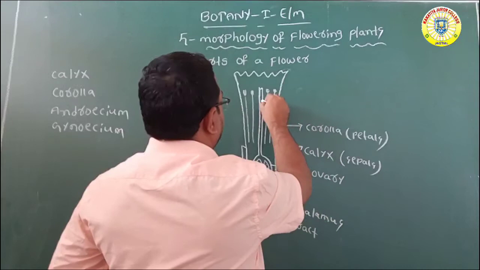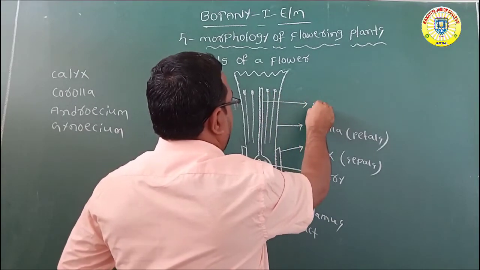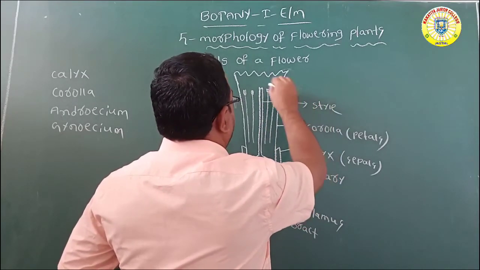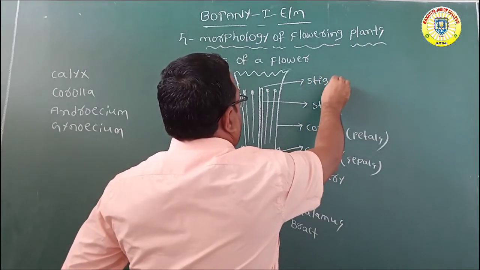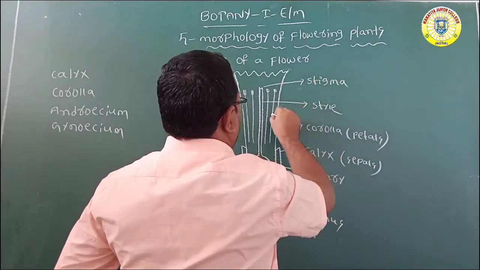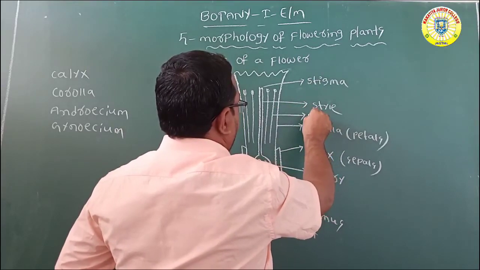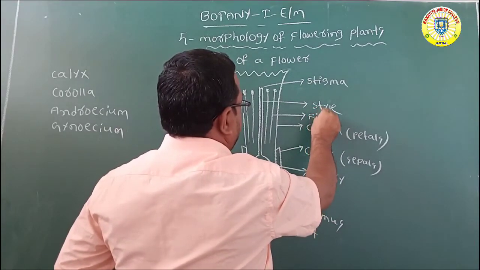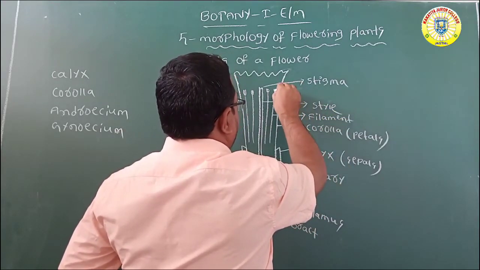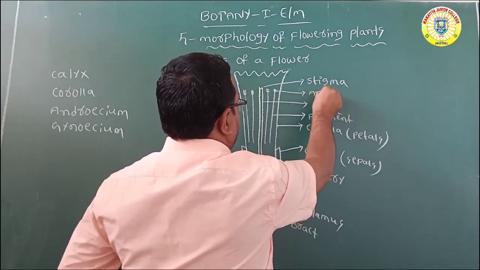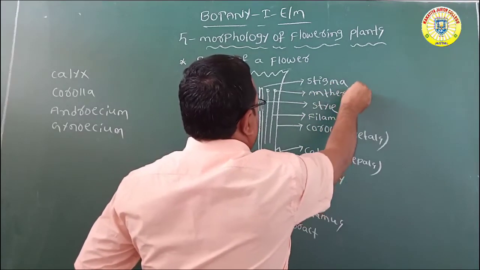This is the style. This is the stigma. These are the filaments. This is the anther. Anther is also called pollen sac.